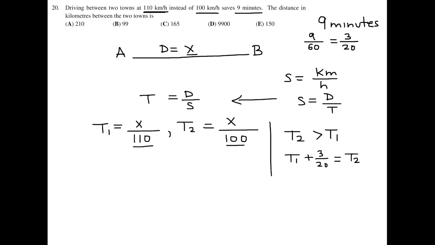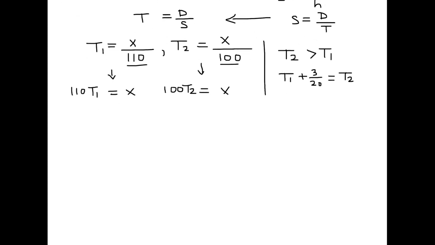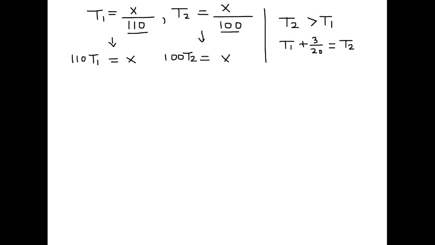Now, the good news is that the distances are the same for both scenarios. So if we solve for this, we get x is equal to 110 times T1. And if we solve for that, we get x is equal to 100 times T2. So x is equal to that, and x is equal to that, so we can equate them.